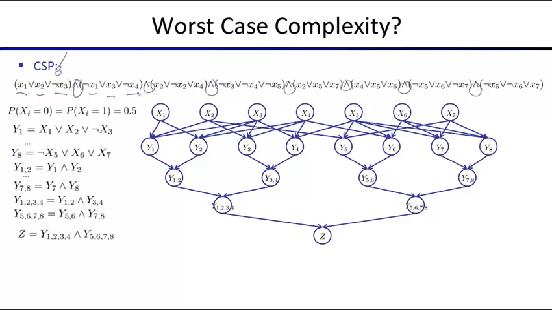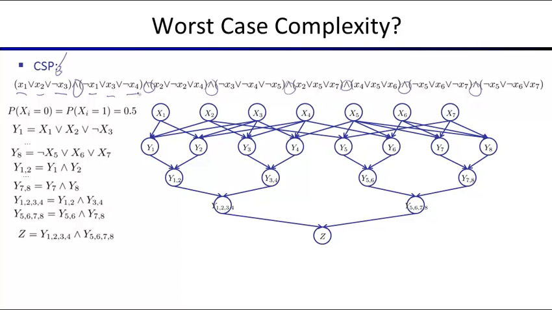What I'm going to do now is show to you that if you could do efficient inference in Bayes nets, you could efficiently solve these CSPs, which most likely means such an algorithm just doesn't exist.